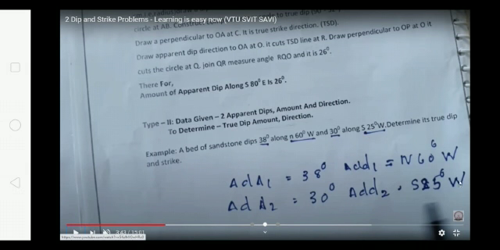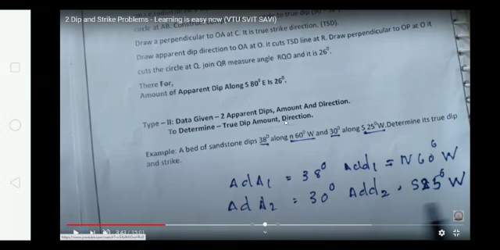So understand, the 30 degree you write here, this inclination, is the amount, and along with it the direction you write is exactly the direction. This is the amount of dip. It might be true dip or apparent dip, and in this case it's apparent dip. But we have to find the true dip amount and direction.